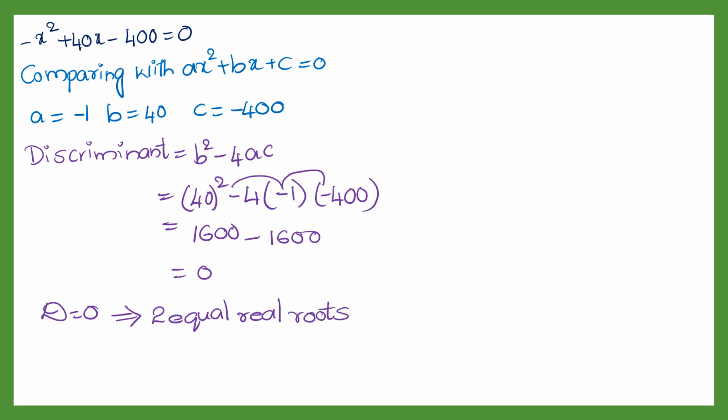Now how can we find the values of length and breadth? That depends on the value of x. x is nothing but the root. So let's find the root. We can find the roots by using the quadratic formula. What is the quadratic formula? x is equal to minus b plus or minus root of b square minus 4ac, by 2a.